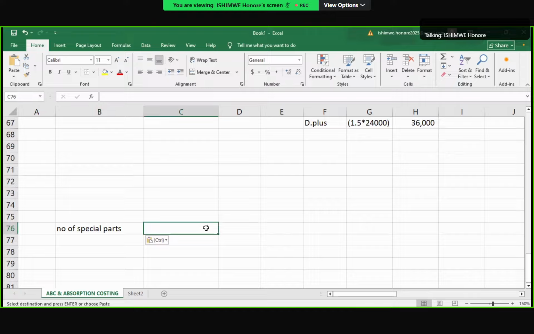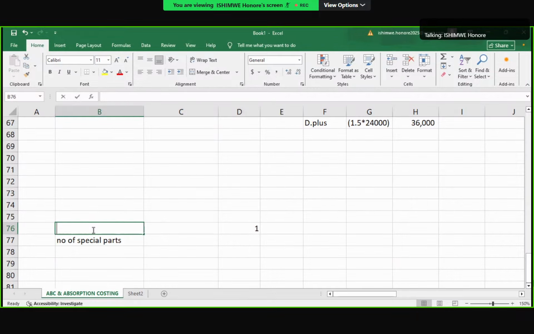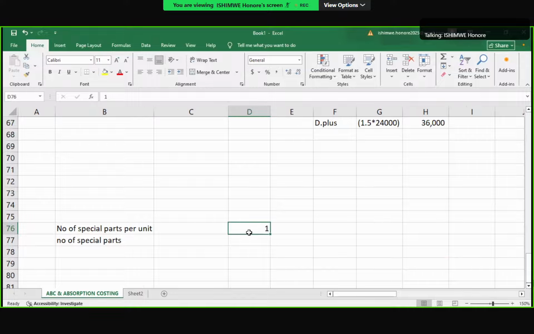I hope you can see my screen. This was number of special parts per unit. That's what they gave us per unit. It was 1. And I asked myself, how did they get this 1?